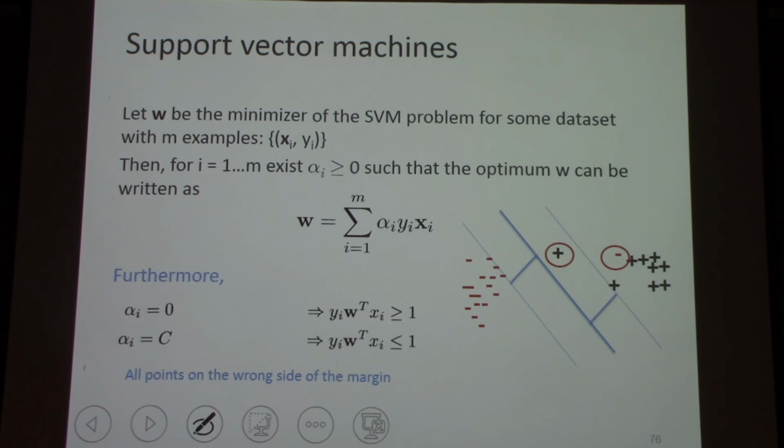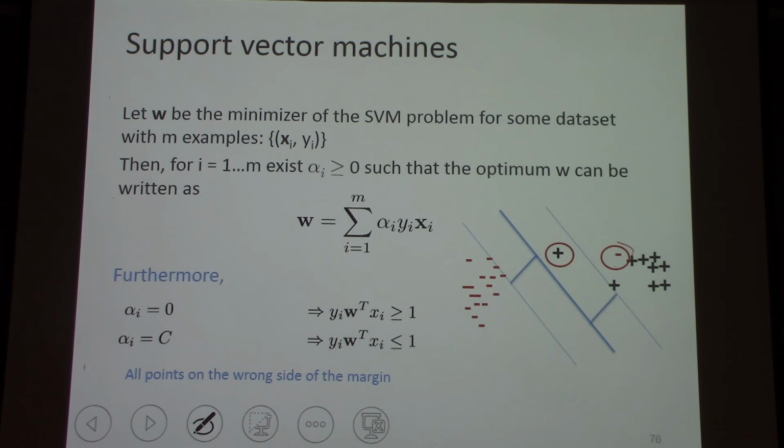Every point that is on the wrong side of the margin, both these plus and the minus, alpha will be equal to that C. Remember the C term that we had as the trade-off term in the objective.